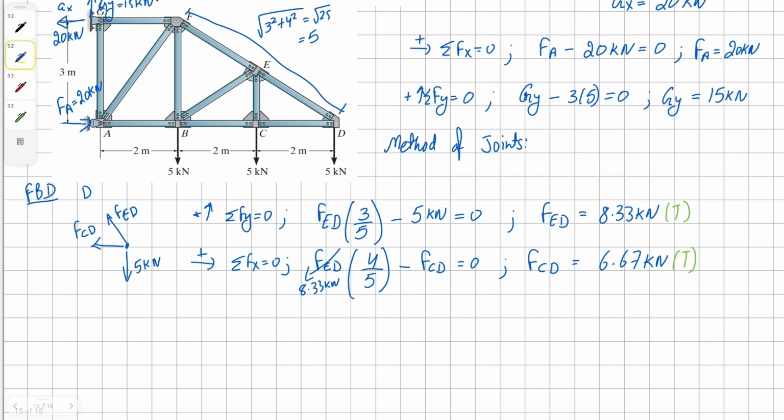Pardon me, I missed a sign here. Because our force FED, or at least the horizontal component of force FED, is going in the negative direction, it's going to be negative. And this will result in our force CD is negative as well. And that means we assumed our vector to be in the wrong direction.